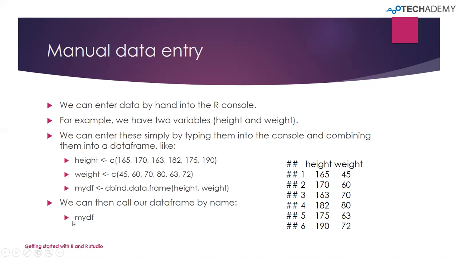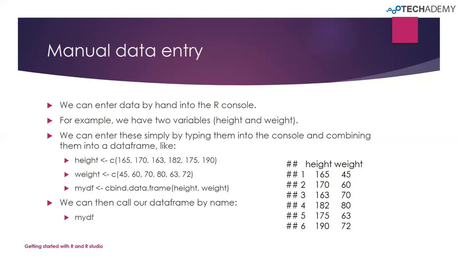Finally, once you print the value mydf, it will show you the output as a table like this on the right side. So it's all about manual data entry. There are some more functions to it that I will explain in the next slide. Also, I will give you a practical example of all these functions.